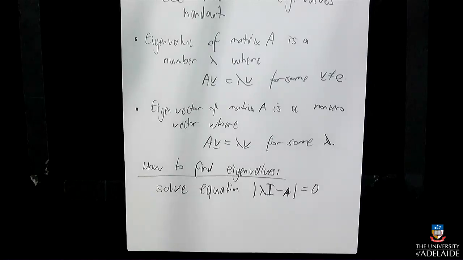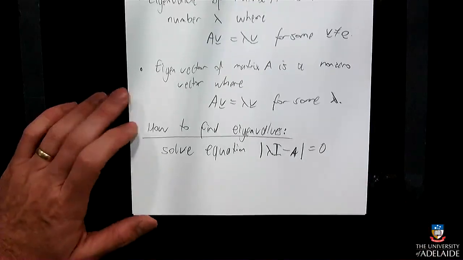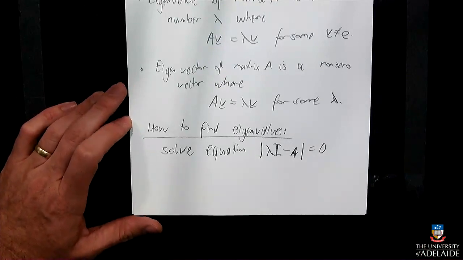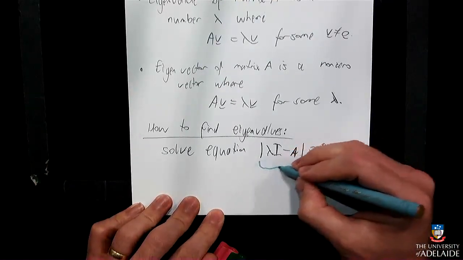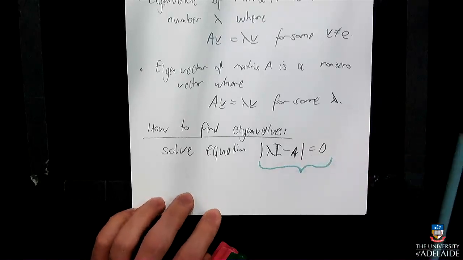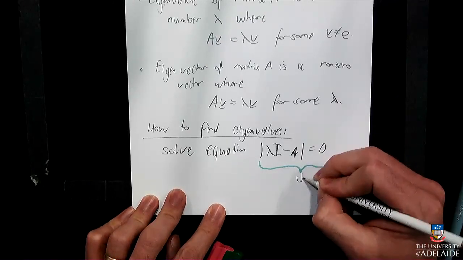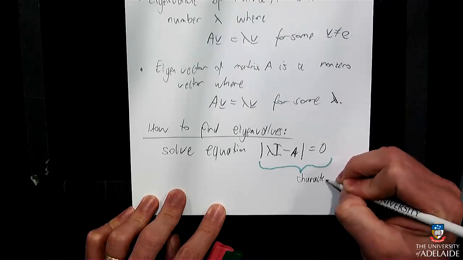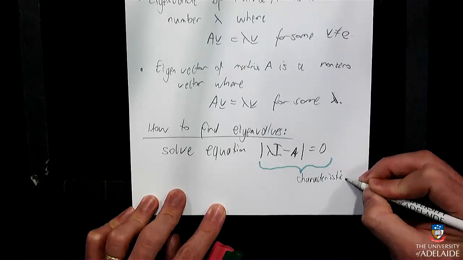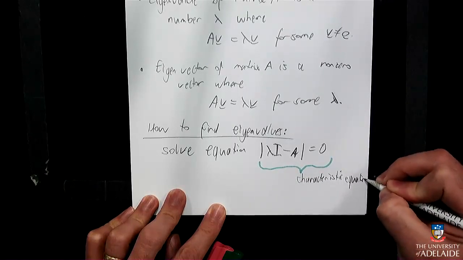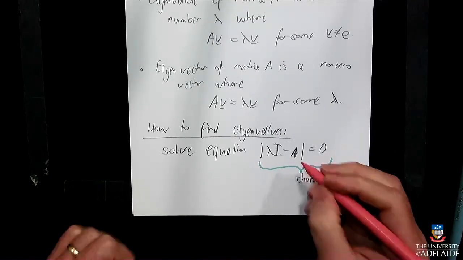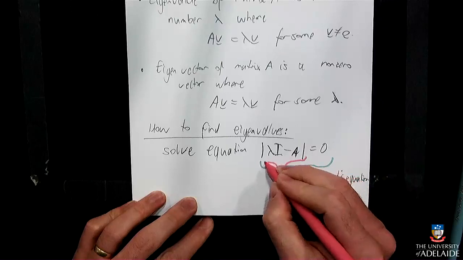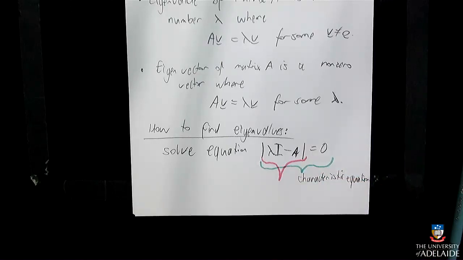And the reason this works is, before I do that, just so you know, this thing, the equation, is called the characteristic equation. And this thing, without the equal to 0, is called the characteristic polynomial.